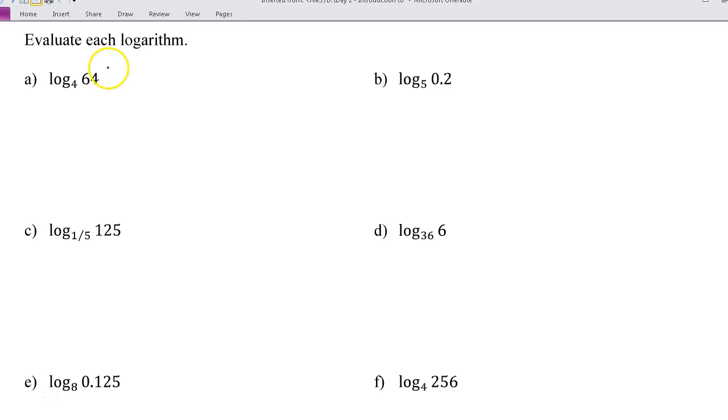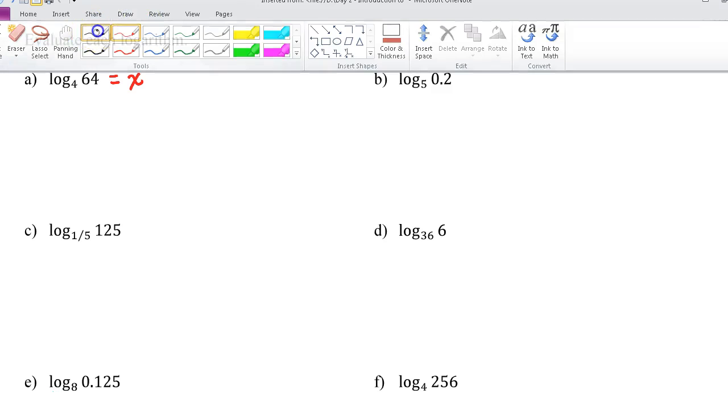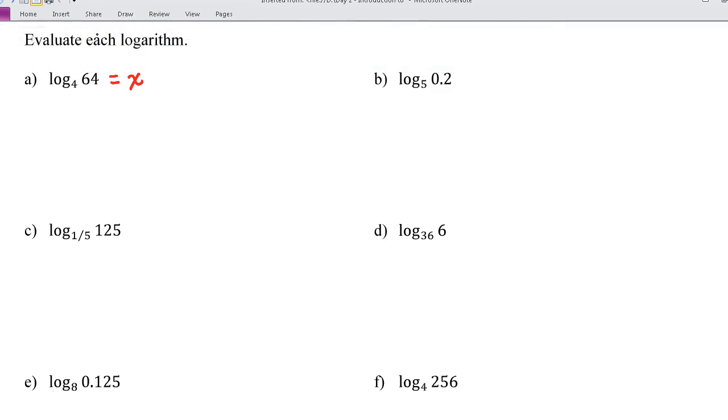So for part A, typically what I like to do is assign this a variable. Typically I'll just call it x. So log base 4 of 64 is going to be some value x. And then we're going to rewrite this in exponent form. So I would have 4 to the x is equal to 64.